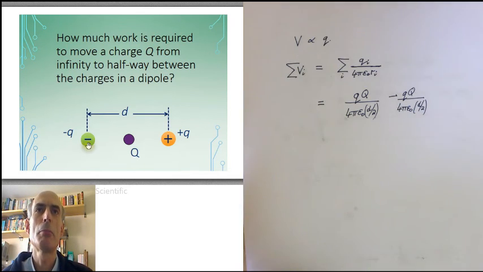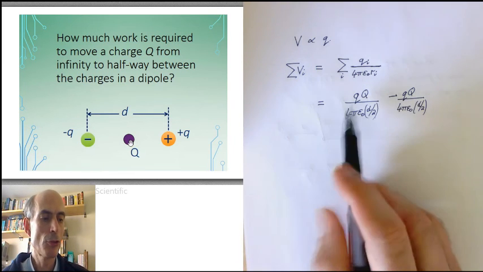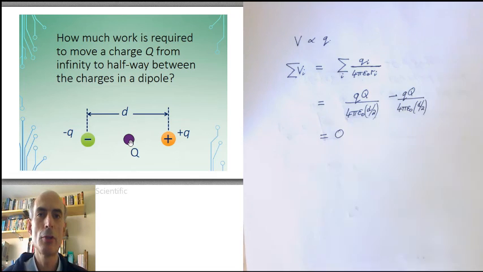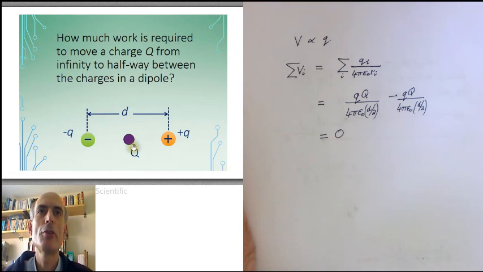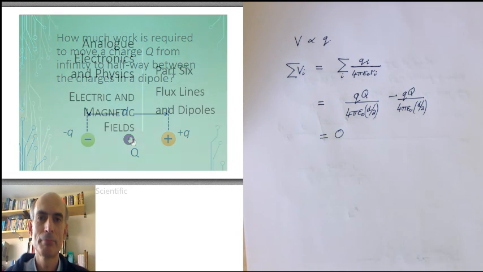Negative because my charge is being attracted to this negative charge. So I can extract energy from allowing this charge to move towards this negative charge. It's where it wants to go. The total amount of energy that I need to spend is therefore 0. It takes no net energy at all to move a unit charge from infinity to that point there directly between the 2 charges in a dipole.